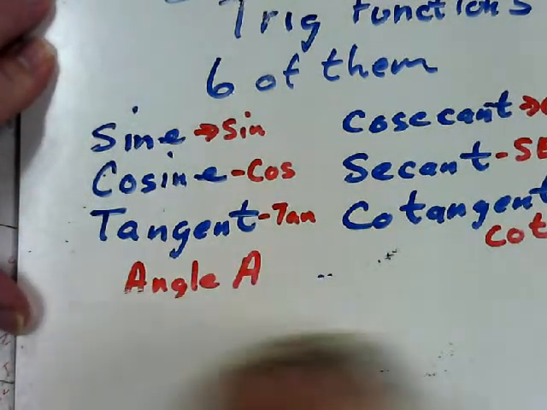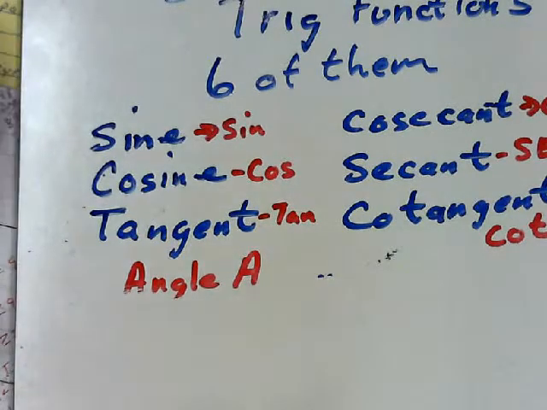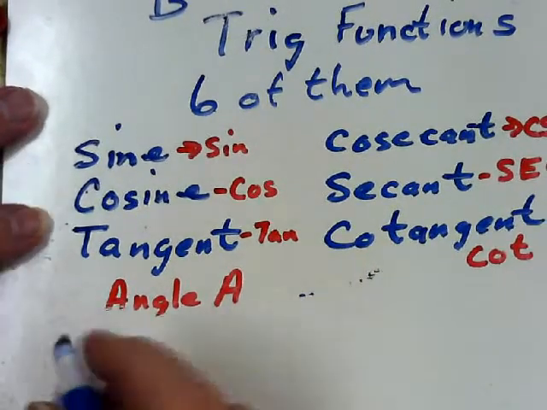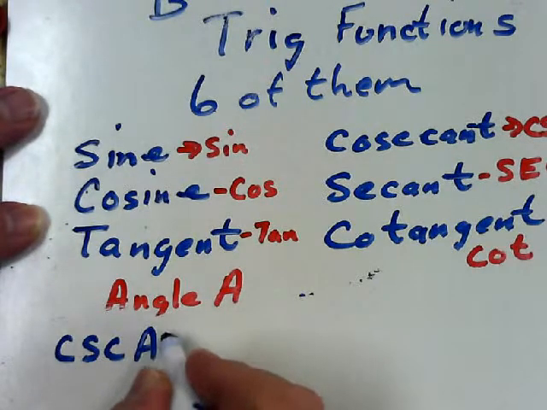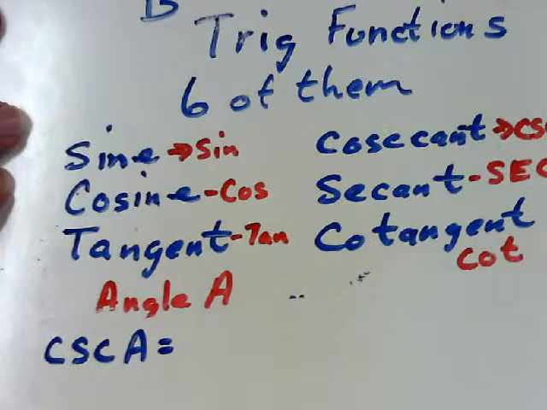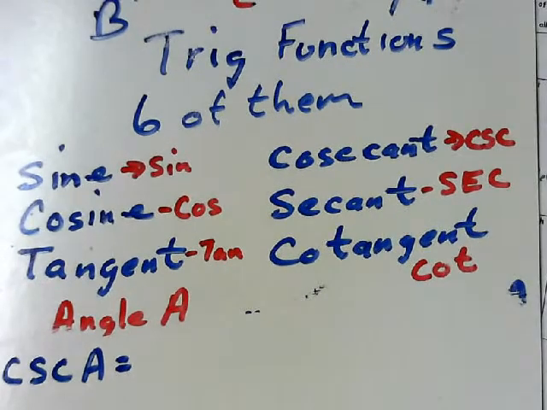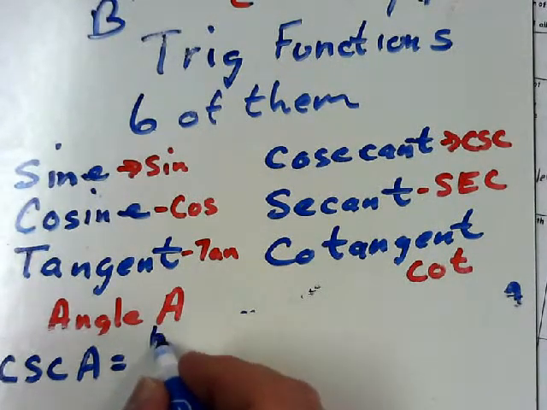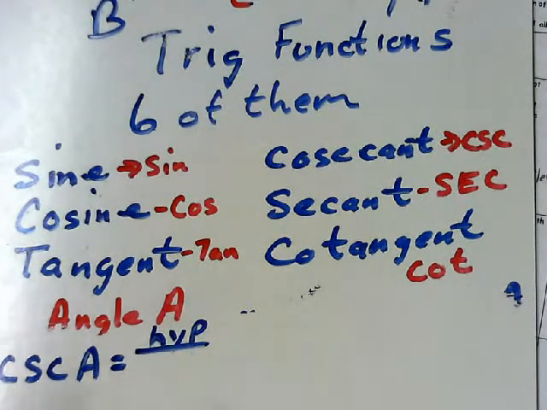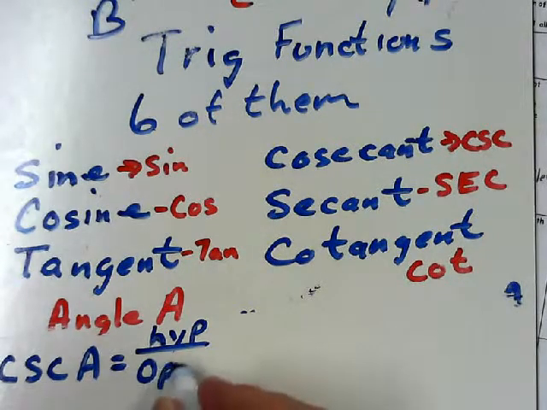Getting rid of that, we want to find cosecant of A. The definition of cosecant is the inverse of sine, which means that it would have been hypotenuse over opposite.